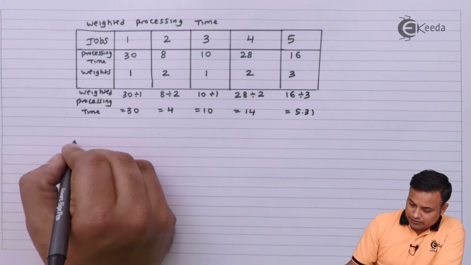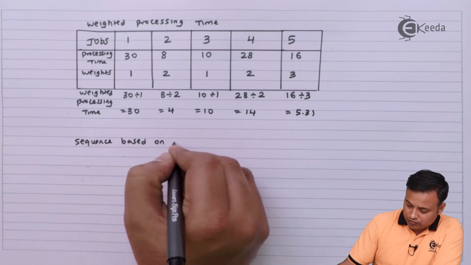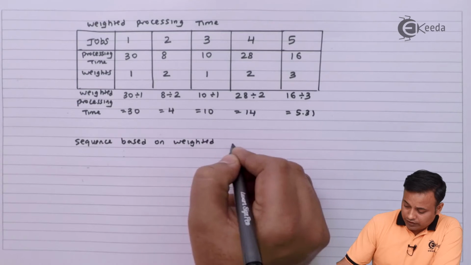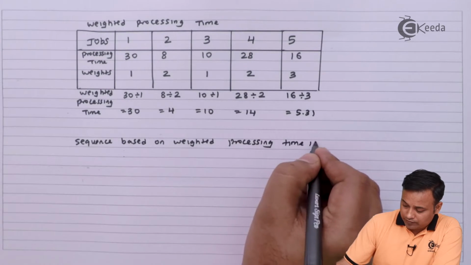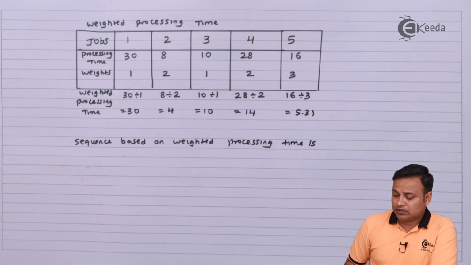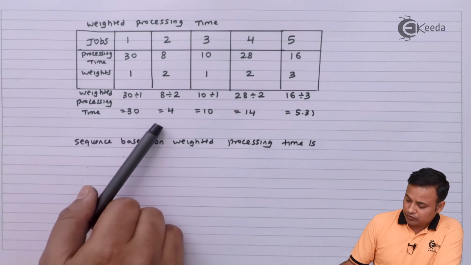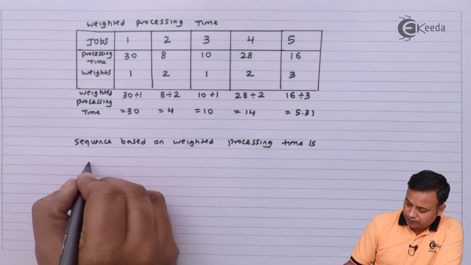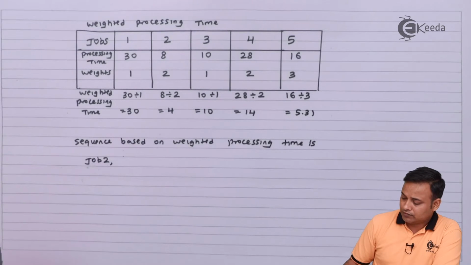So my sequence based on weighted processing time is, I think the lowest in this case will be job 2. Weighted processing time is lowest for job 2, so job 2 will come first.